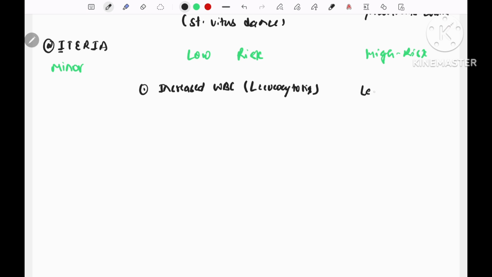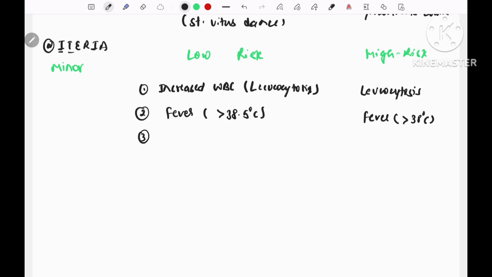Similar in the high risk, leukocytosis. The second one is T, meaning temperature, so increased temperature means fever. The fever in low risk must be more than 38.5 degrees centigrade. But in case of high risk, if fever is more than 38 degrees centigrade, it will be considered as minor.